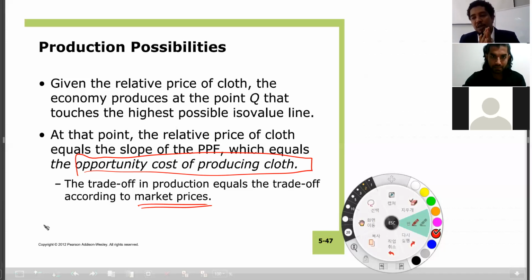Capitalist market economy. In a capitalist market economy, price will be determined by the demand and supply of a product, and the equilibrium price is the price where the demand and supply meet. That's the equilibrium price, and this is the price where both the sellers and the buyers are satisfied. Okay, so the trade-off in production equals the trade-off according to the market price, and market price means the equilibrium price.